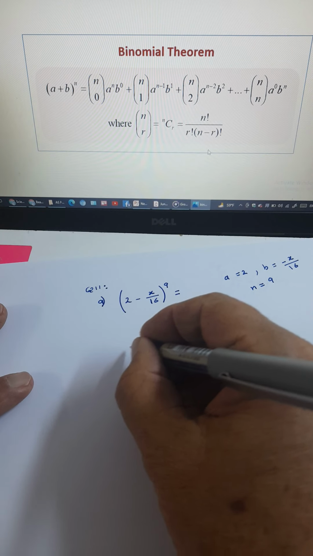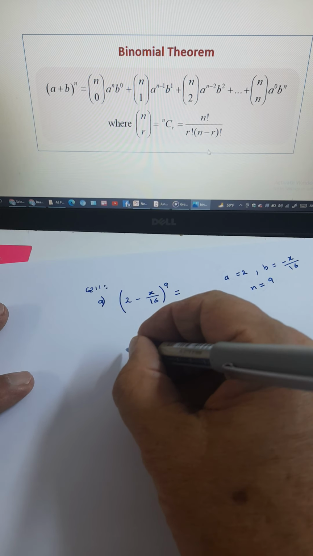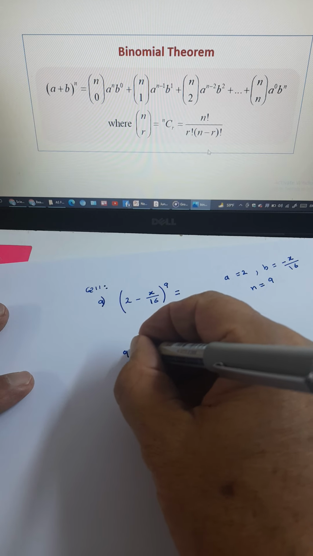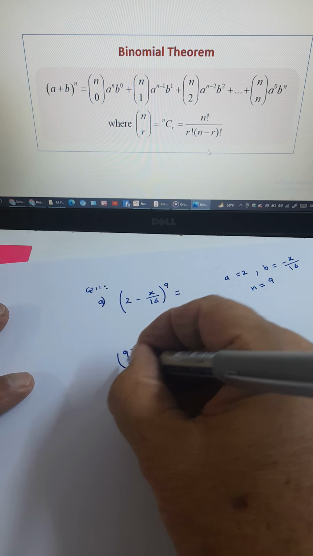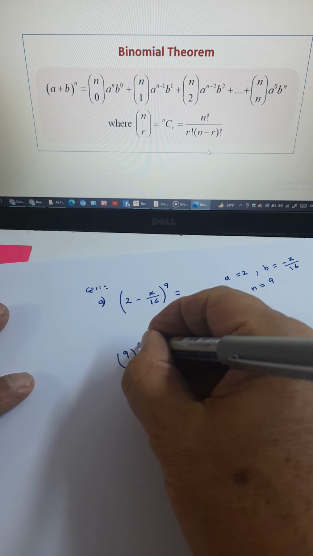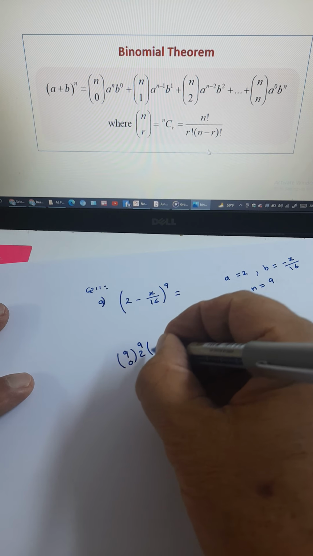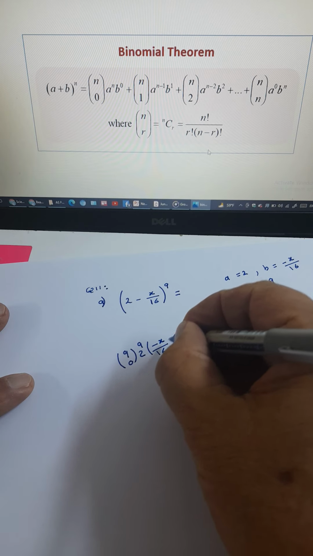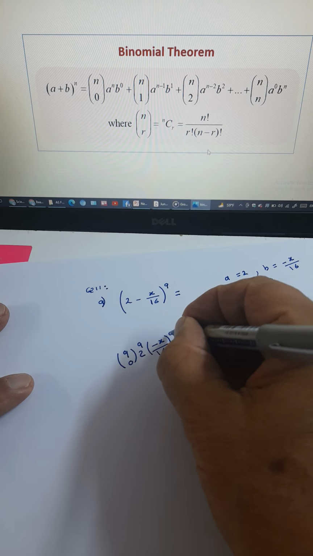The first term in this expansion is 9 over 0, 2 to the power 9, minus x over 16 to the power 0.